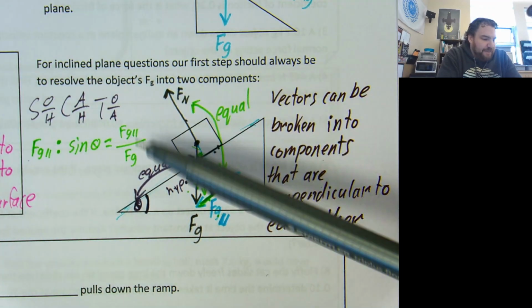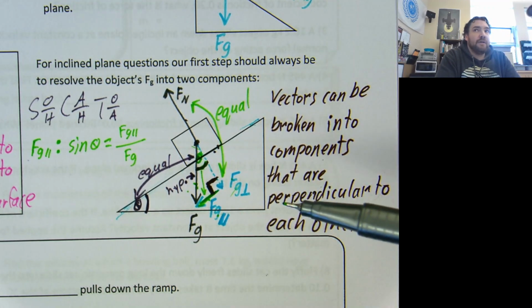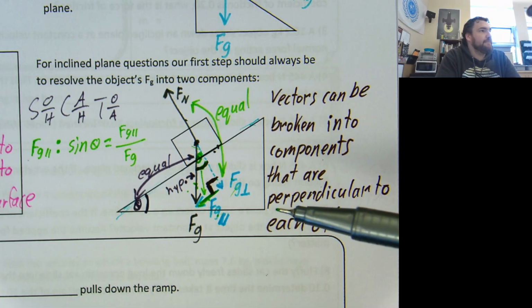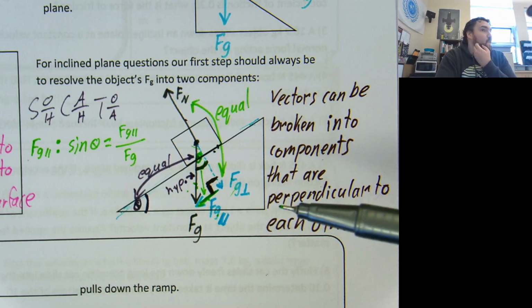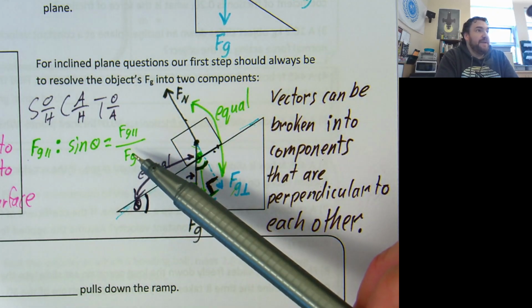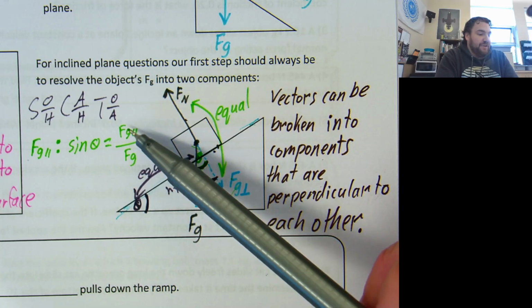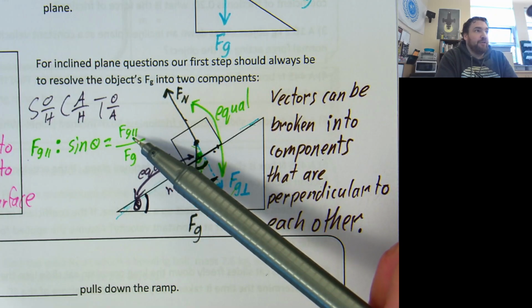And I want to figure out what Fg parallel is. How do I solve this expression for Fg parallel? To get it alone, what do I have to do? Basic algebra. If I want to solve this expression for the numerator, how do I get the numerator alone?